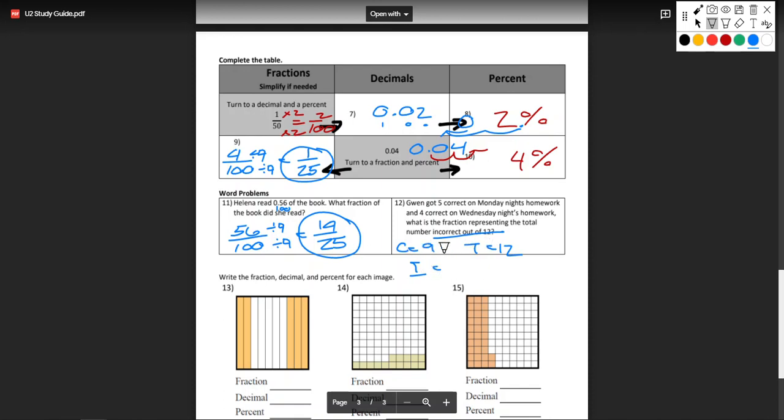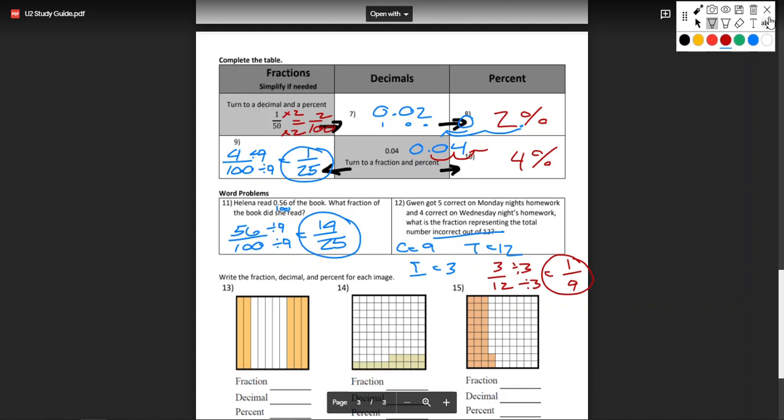If I subtract 9 from 12, I'm left with 3 that are incorrect. So my ratio of incorrect to 12 is going to be 3 out of 12. Then I can simplify by dividing numerator and denominator by 3, and I'm left with 1/4. So be careful with ones like that. A lot of people miss that one because it says incorrect out of 12.